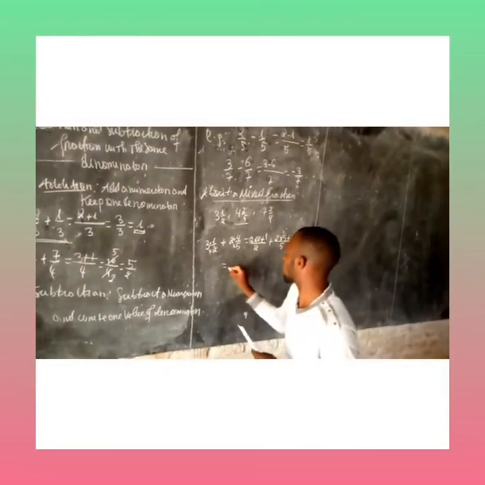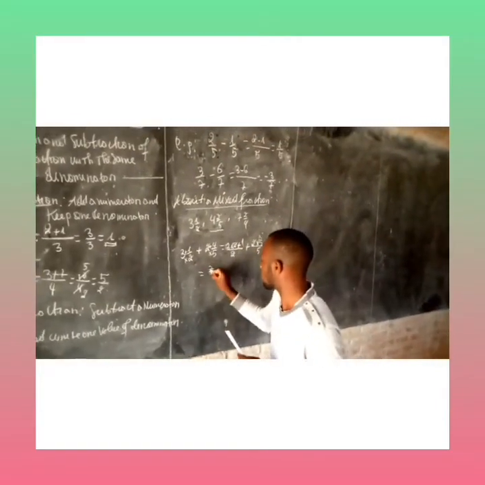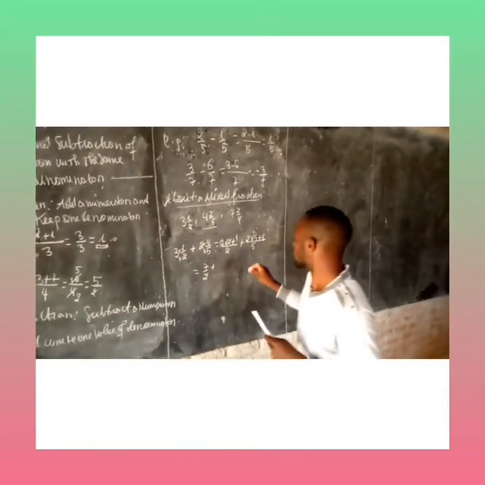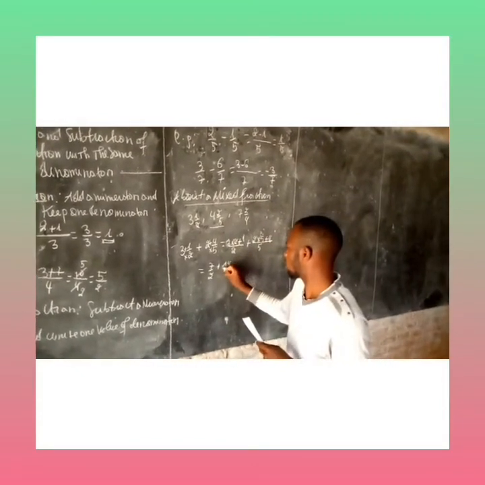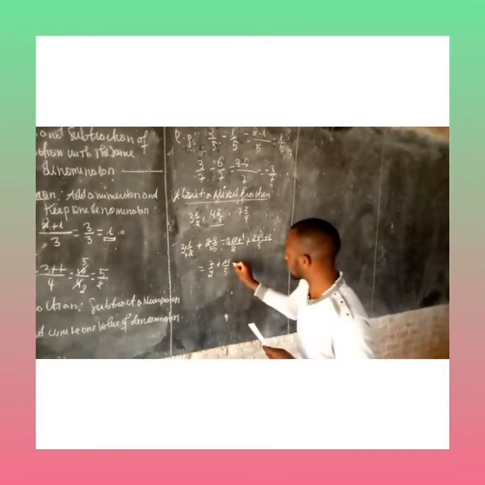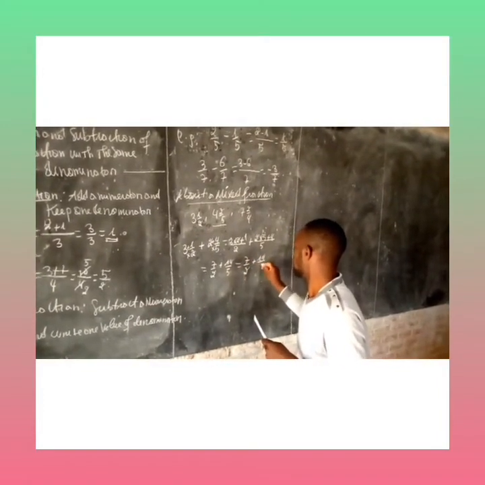So 3 times 2 is 6, plus 1 is 7 over 2, plus 2 times 5 is 10, plus 4 is 14 over 5. So we get 7 over 2 plus 14 over 5.